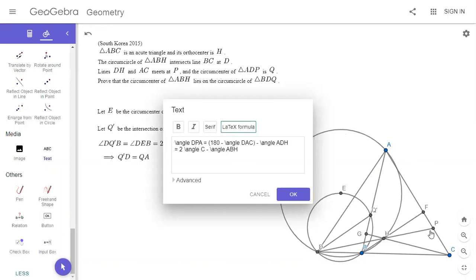And what did we want to show? We wanted to show that DQ prime A was twice DPA. So ADH is 90 minus angle A, so that's 2 times angle C minus 90 minus angle A. Okay.